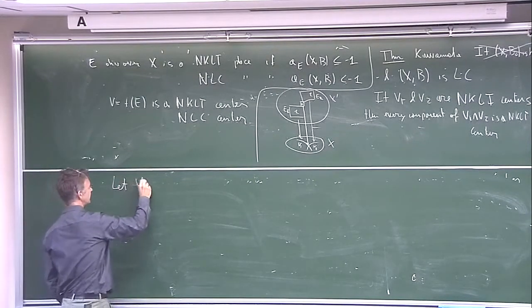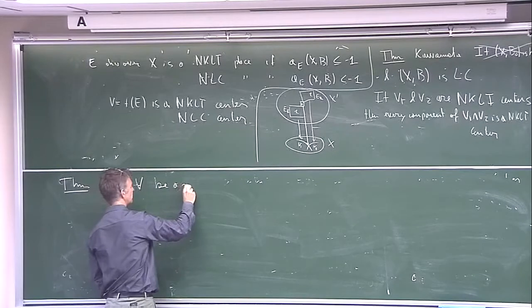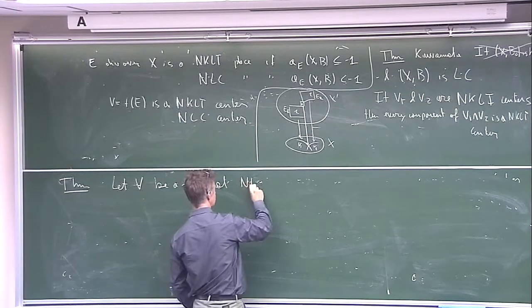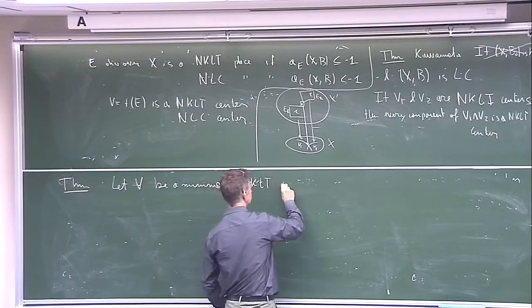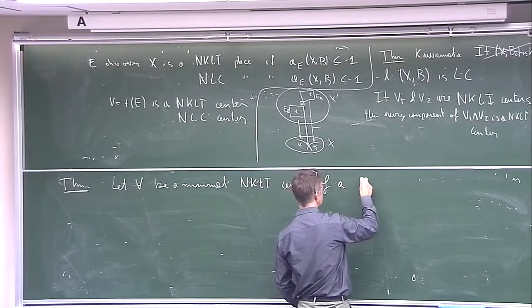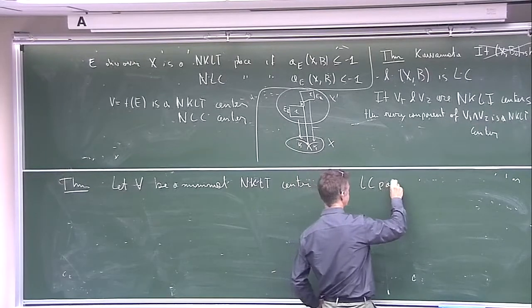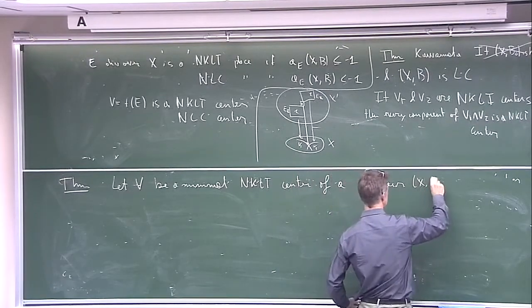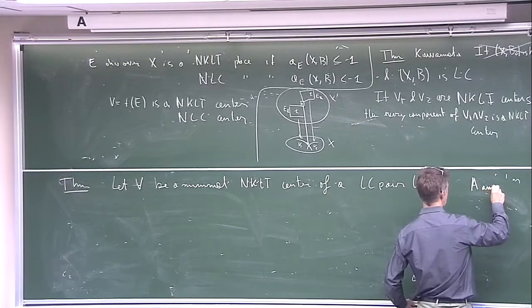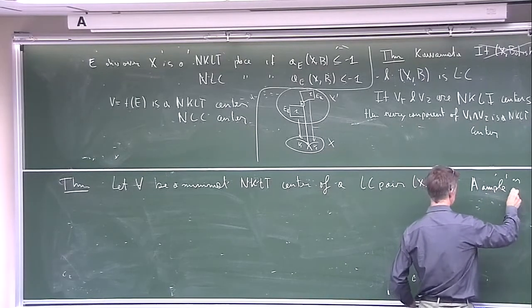Let V be a minimal non-KLT center of a log canonical pair (X, B), and let A be an ample divisor.